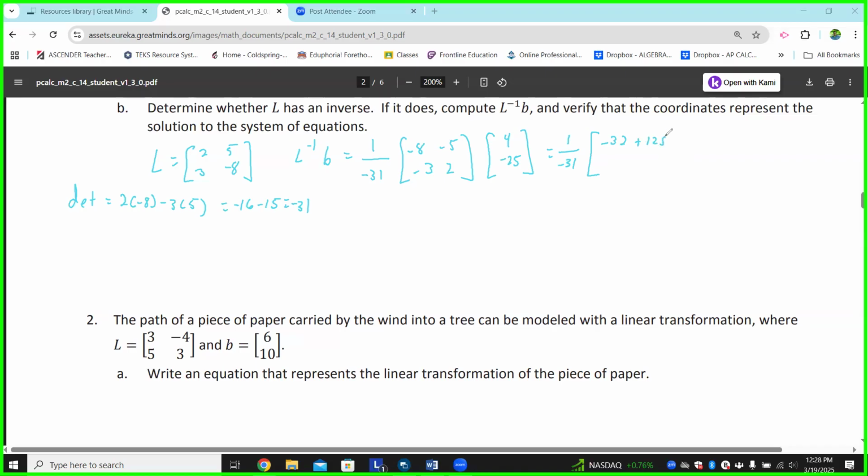Very good. Negative 3 times 4. 2 times negative 25. Now I'm ready to add those up. If you already did it, great. Negative 32 plus 125.